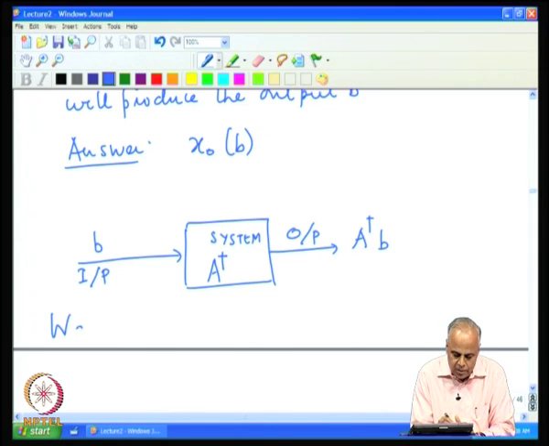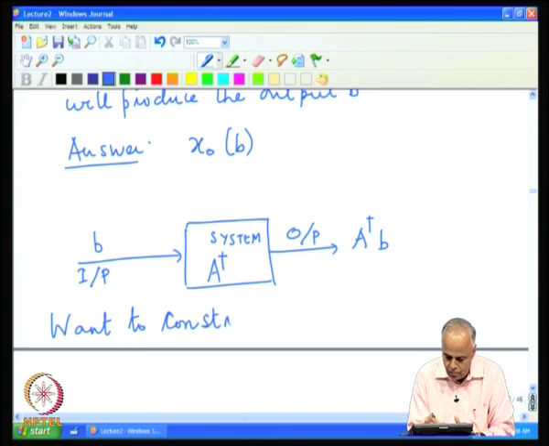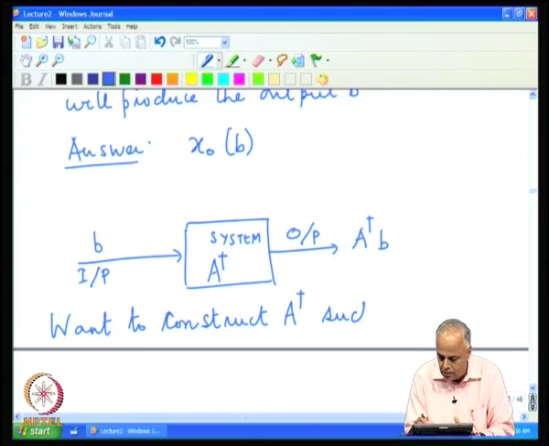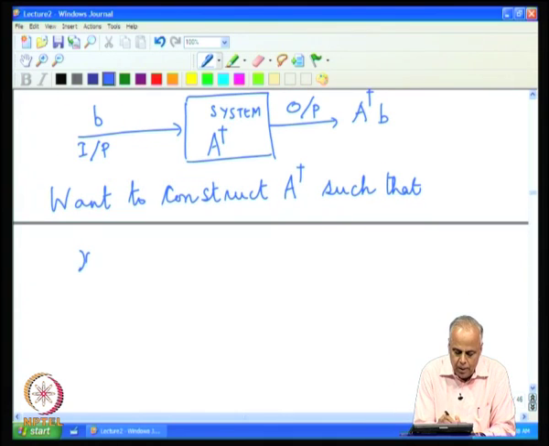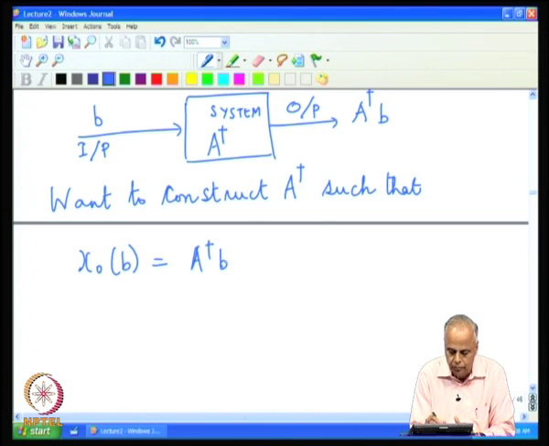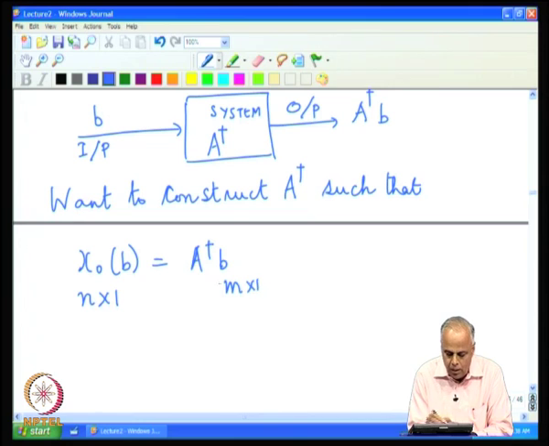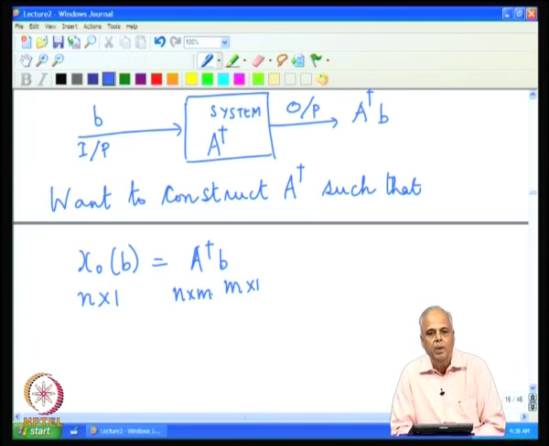We want to construct A dagger such that this A dagger b is our ultimate answer to our linear system. Naturally, we are expecting x naught b to be n by 1, b is m by 1. So, therefore, A dagger has to be constructed as an n by m matrix.